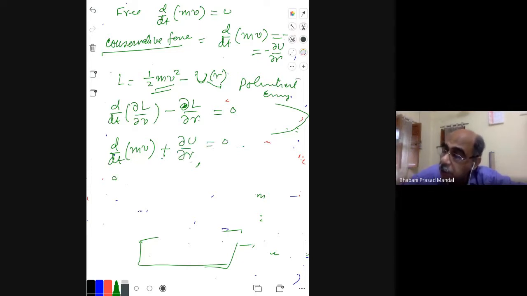That means d/dt of mv equal to minus del U del r, where U is the potential energy. So now we find that, for a simple system, your Lagrangian is kinetic energy minus potential energy.